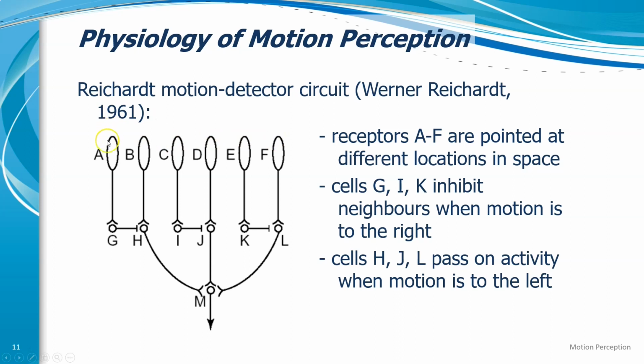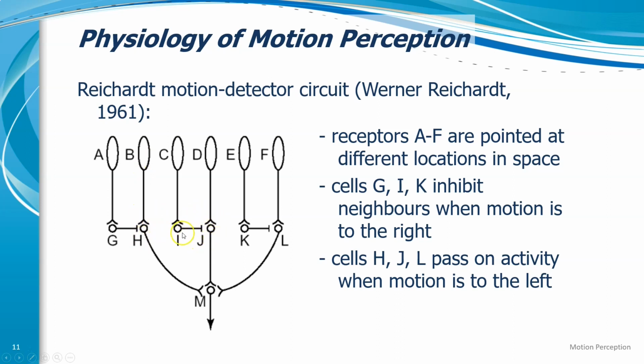Now what first happens is receptor A gets activated, and its activation will travel along slowly down to G. But at the same time, the light has now moved on, and it's stimulating B, which sends its activity down to H. But what happens is we get this inhibitory signal from G just as H is getting the excitation from B, and that will cancel out. The same thing happens here at J.